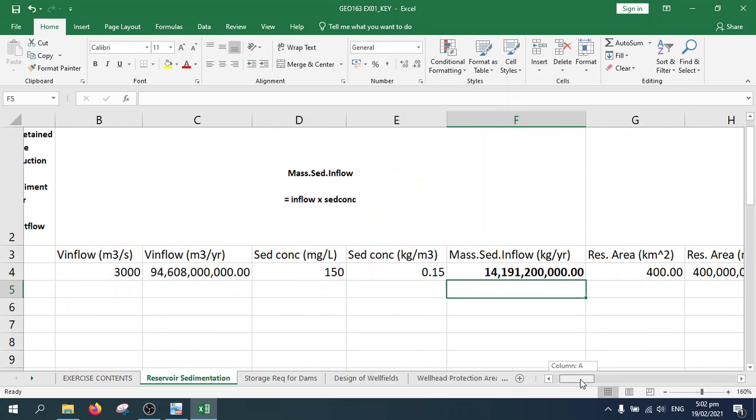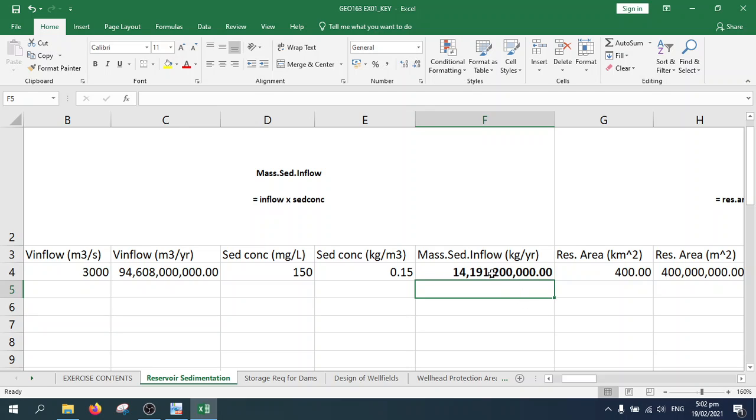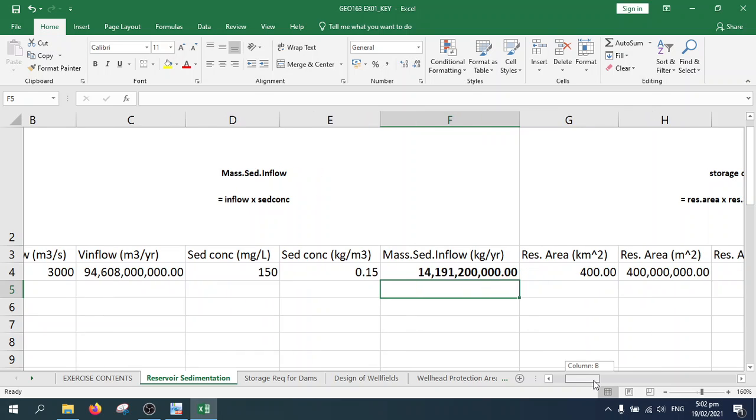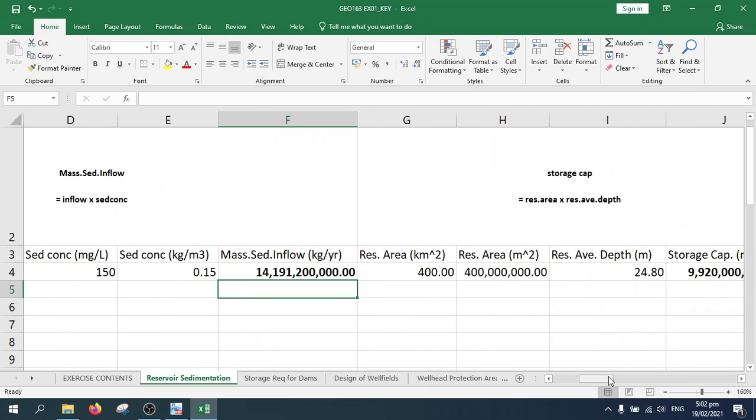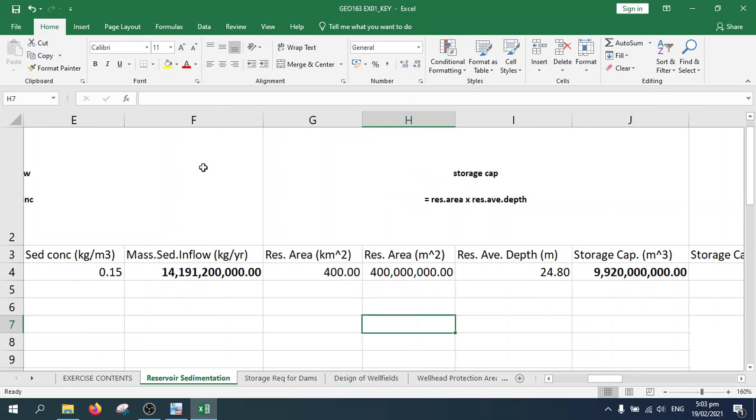And you will get 14.2 billion kilograms per year of sediment, which is a lot. Now, let's park that value.